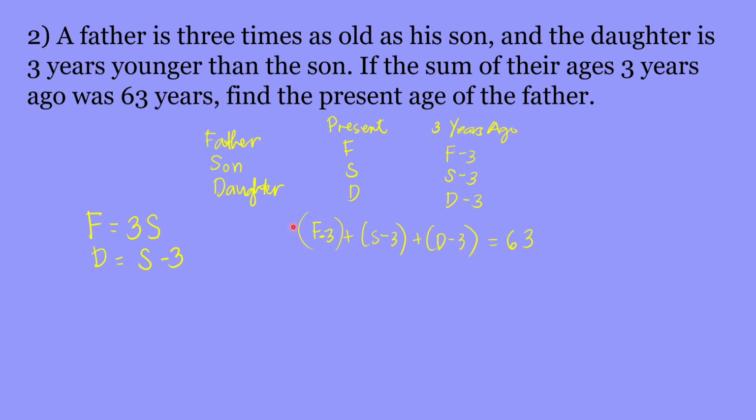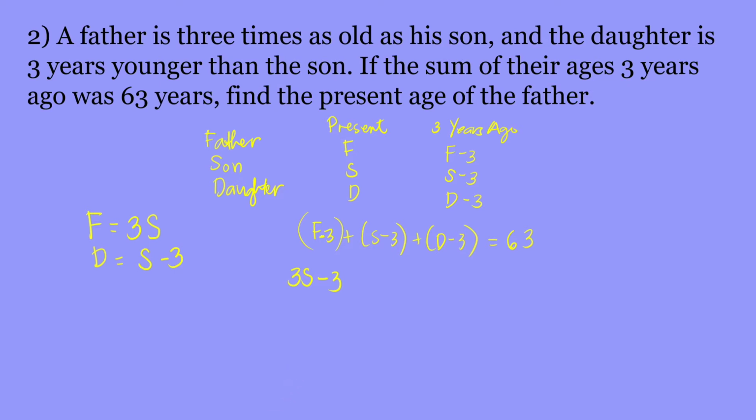So this letter F here can be substituted with 3S. So that will become 3S minus 3. Alright? We can actually eliminate the parentheses. It's just fine because this is just addition here. It will not affect the signs of the variables inside the parentheses, with those positive here. Right? We just attach the positive sign later.